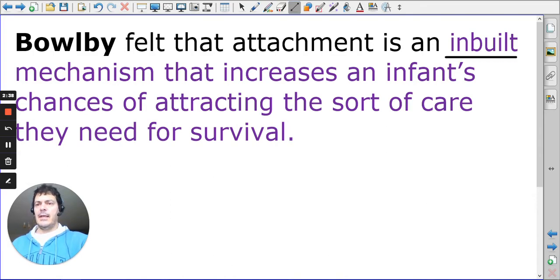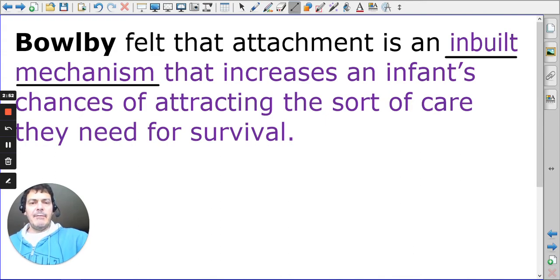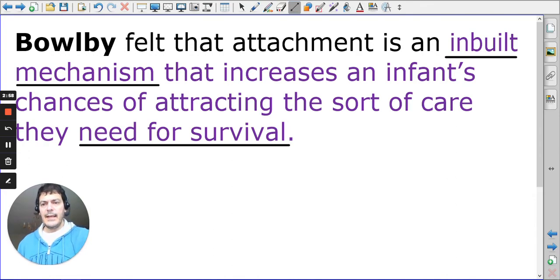So he's often seen as an evolutionary psychologist, saying that attachment has an evolutionary aspect to it, that it's inbuilt, and the reason that we have attachment is this idea that without attachment we wouldn't be able to survive, and that's obviously important to him.